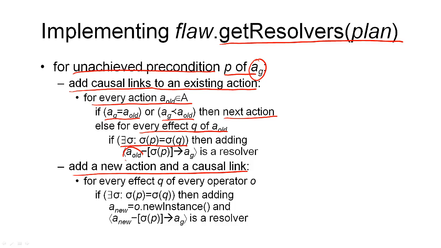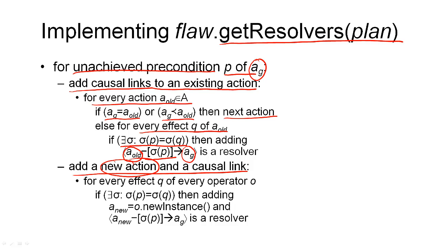And the causal link we need to add is from our currently existing action to our consumer, protecting the link sigma of P. So we instantiate our proposition with the substitution we just found. This was the case where we used an existing action in our plan to provide support for an unachieved precondition.